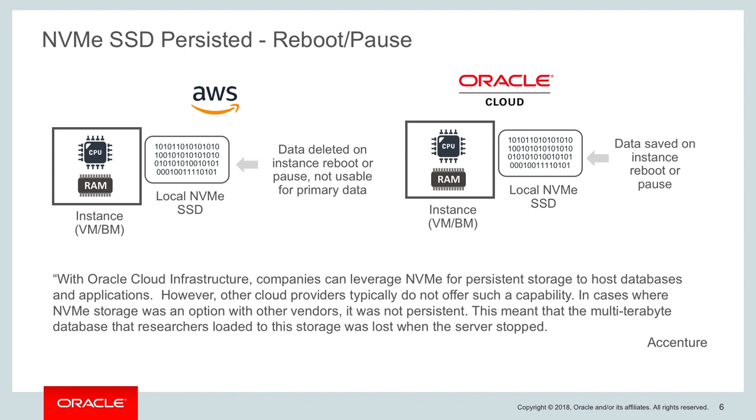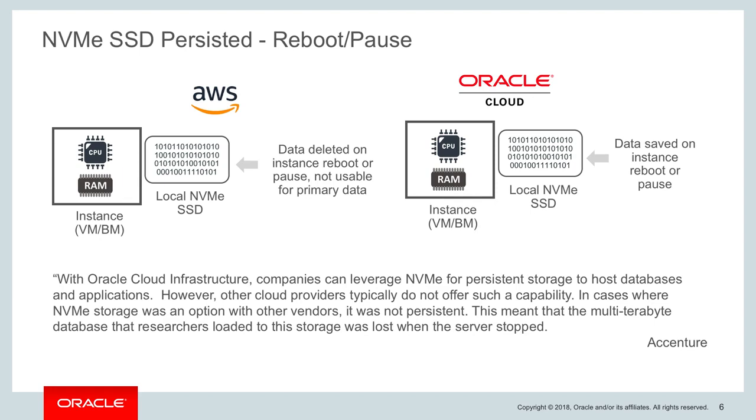Right, one of the key differentiators here on Oracle Cloud is that the data on the NVMe SSD is persisted, which means if you reboot the server or if you stop the server for any reason, you can restart your server again, get access to the server, and your data will be saved. Your data will be there on the NVMe SSD device.